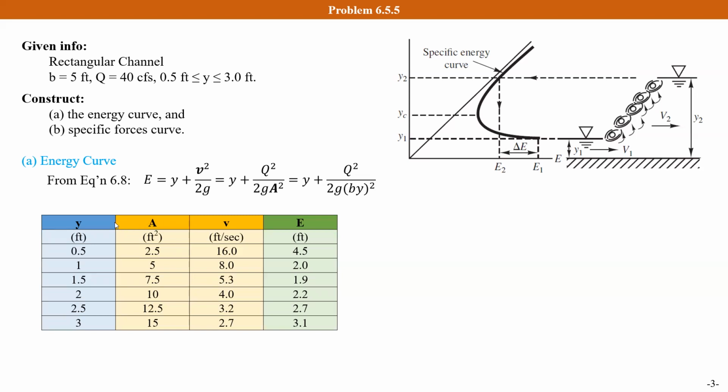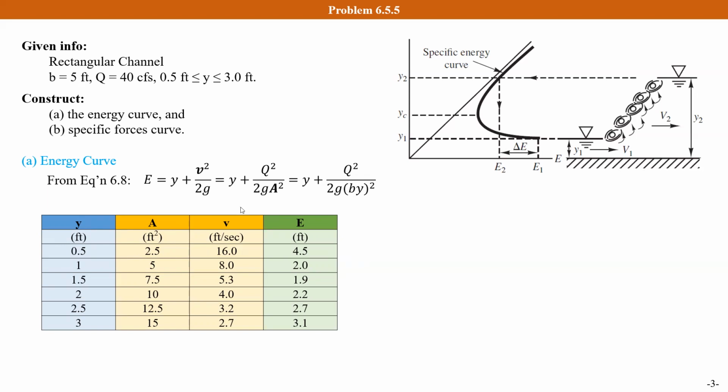Let's use the first row as an example. When y equals 0.5, the cross-sectional area A equals B times y. B is 5 feet and y is 0.5. Therefore, A equals 5 times 0.5, which is 2.5 square feet.